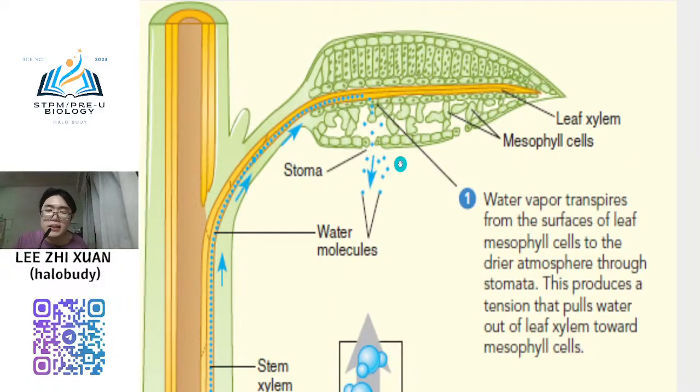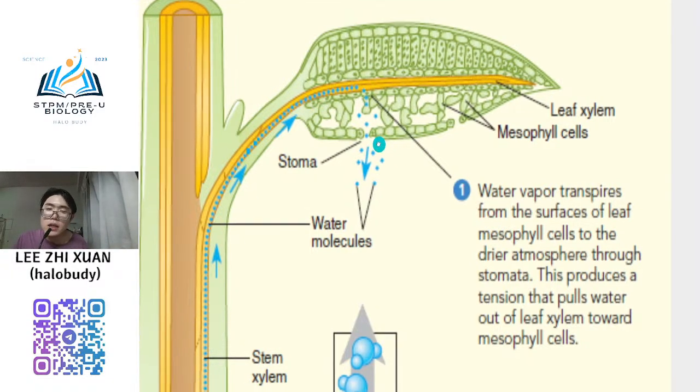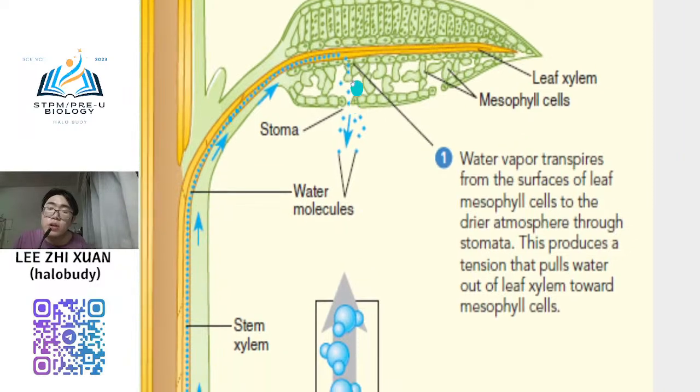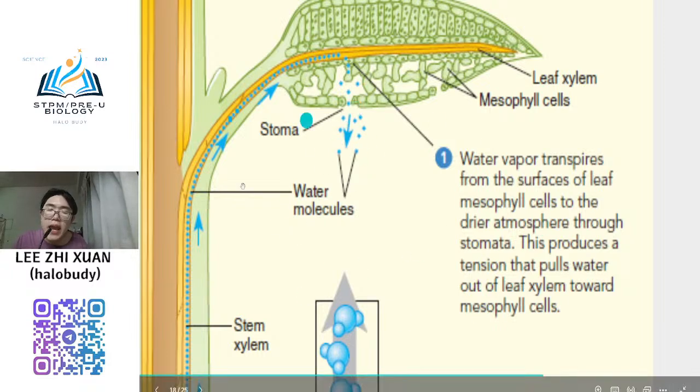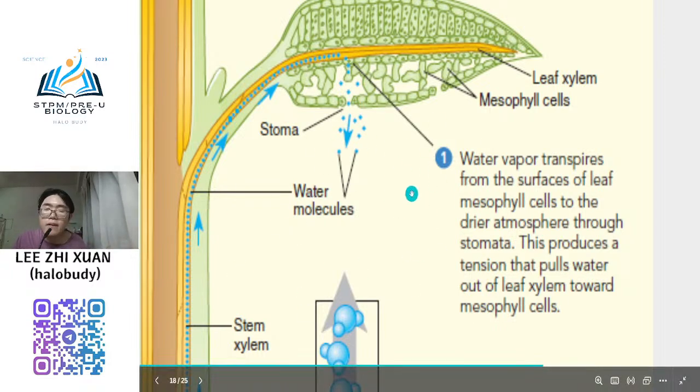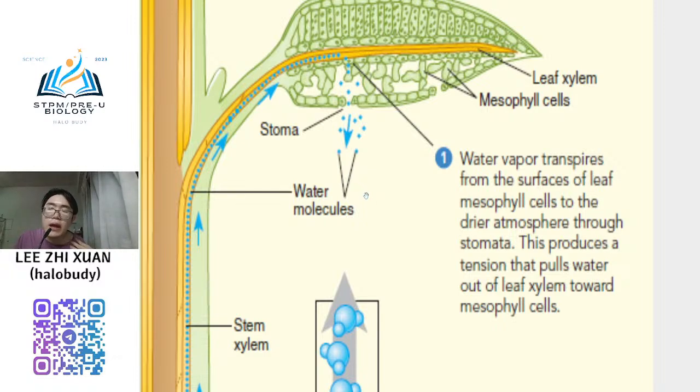We know that stomata are open during the day. So when they are open, not only does gas exchange occur, but your water molecules will also evaporate out from the plant. Why do the water molecules evaporate out? Because in the atmosphere during a sunny day, you know that our atmosphere is very dry, right?